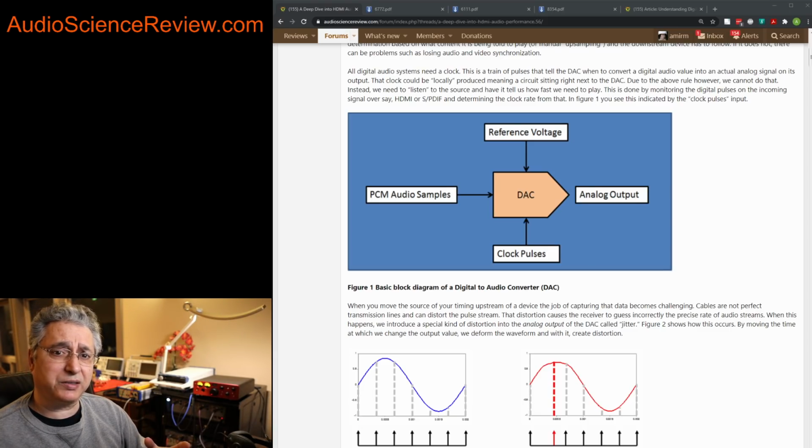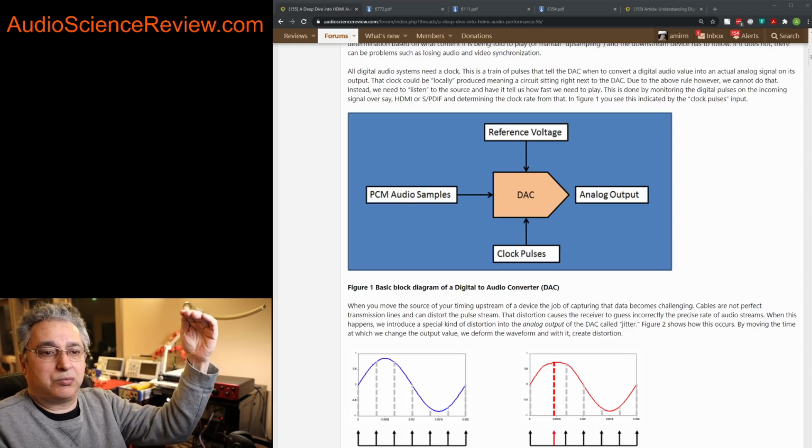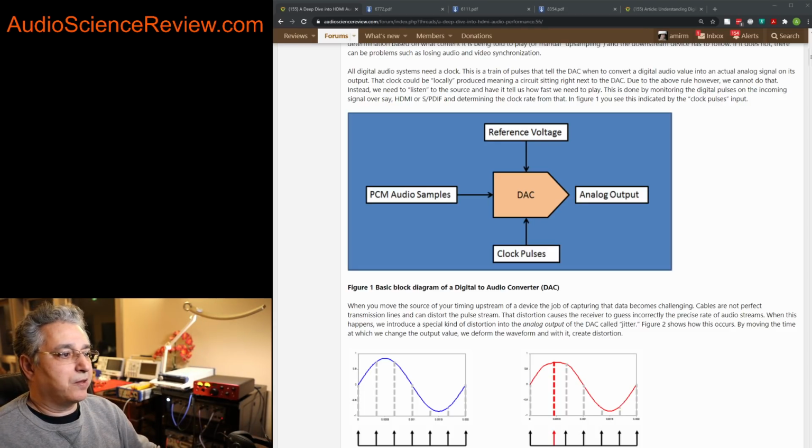The concept applies to digital to analog converters, a DAC. If you look at this simplified picture I have here in one of my older articles, you need a few ingredients to produce the output of a digital to analog converter. It needs the audio samples, obviously, those are just digital values, and tells the DAC, produce this value, then produce this value, then produce this value.